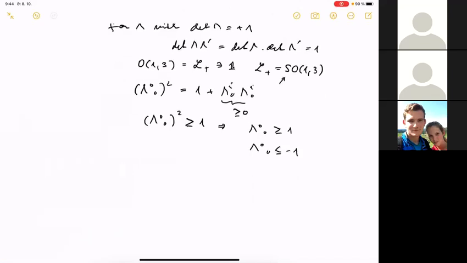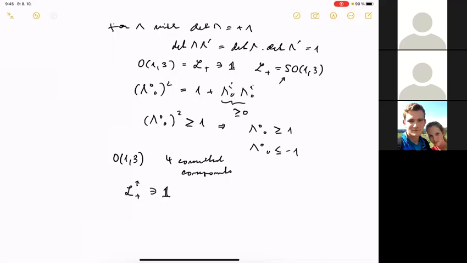So we see that our Lorentz group O(1,3) is decomposed into 4 connected components. The first is denoted as L plus with an arrow upwards, which is a subgroup and which includes the unit of the group.